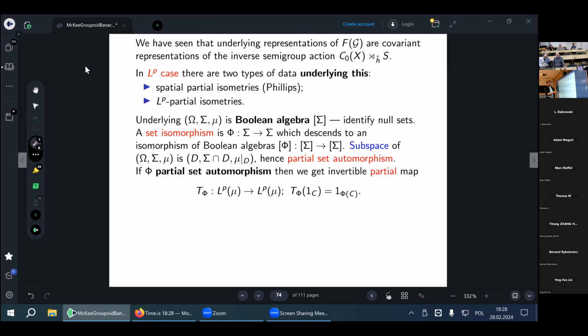And so for a subspace D, for the sub-objects of this thing, we take D and intersect the measurable sets, and we restrict our measure. Then a partial set automorphism is a map between two things of this form, which is an isomorphism at the level of Boolean algebras.